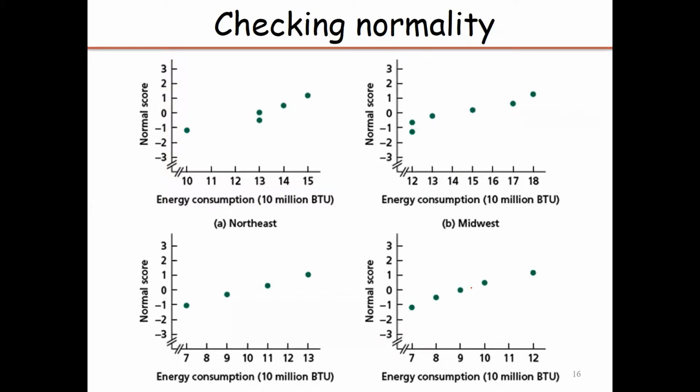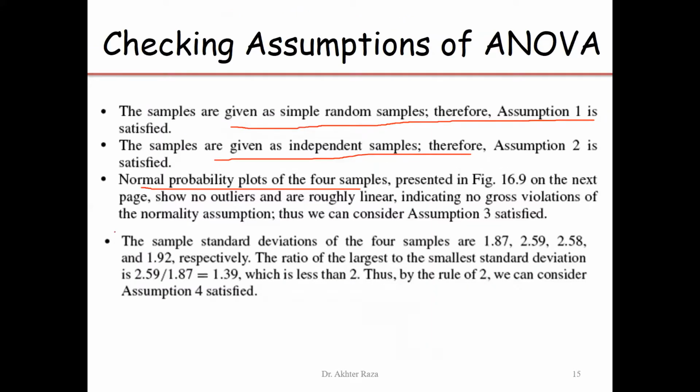So we can say that all of the 4 regions have normally distributed data. The fourth one is that the standard deviation of these 4 regions should be the same.